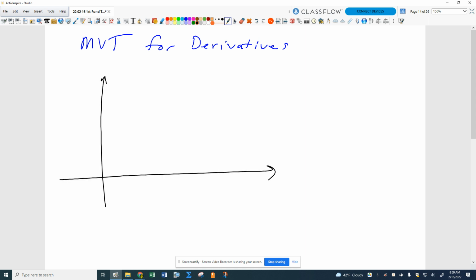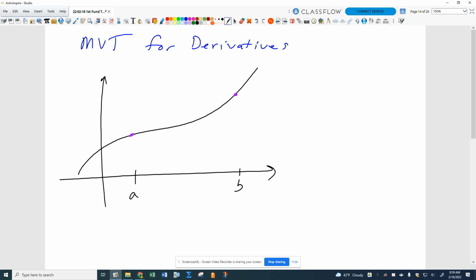So what did this say? The mean value theorem for derivatives said if we have a function that is continuous and differentiable, right? So it's got no sharp corners and it's continuous, meaning it's a smooth function. Whenever you hear continuous plus differentiable, it means it's smooth, okay? And if we look at this on an interval from a to b, remember what this said?